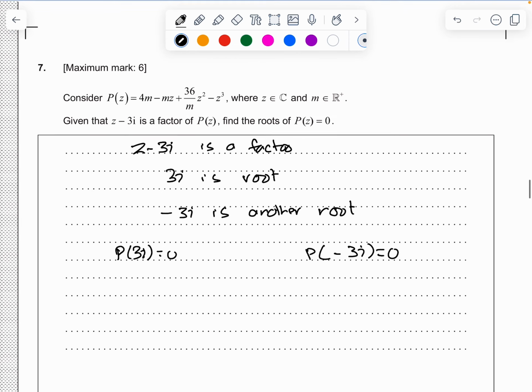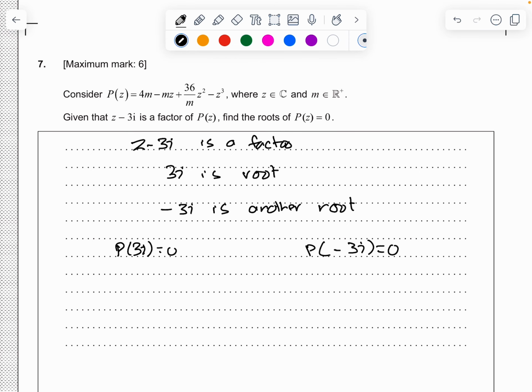If p of 3i equals 0, what does it become? 4m minus m times 3i plus 36 upon m times (3i) squared minus (3i) cubed equals 0 plus i times 0.